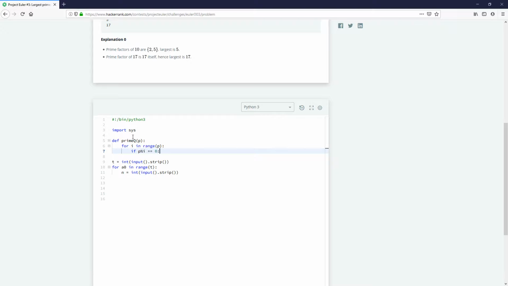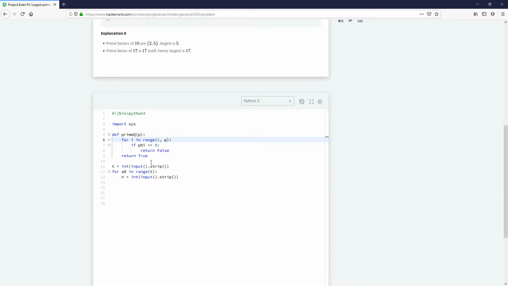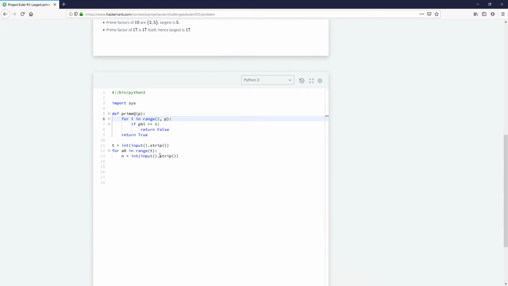That means that i divides p, and it means that p is not prime, so we return false. If we check every number and no number divides p, then p is a prime, so we return true. And we want to start at 2 here, because 1 will always give us a vacuous true, which does not indicate whether or not p is a prime.